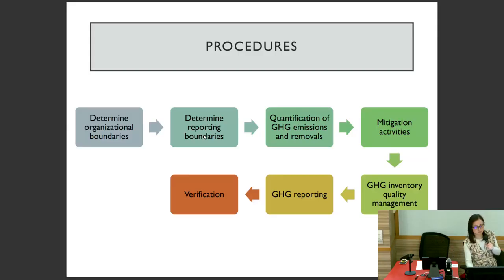So maybe the reporting boundary includes a diesel generator that will emit greenhouse gases within the boundary, direct emissions. Or maybe you have a natural gas boiler, also direct emissions under scope 1. Or maybe you own a car that will emit carbon dioxide, so also scope 1 emissions. So these are reporting boundaries.